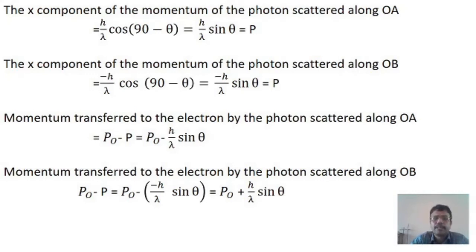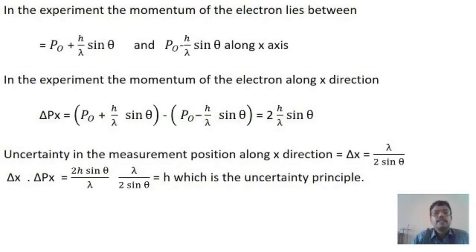The minus into minus is plus, so it is P0 + (h/λ) sin θ. In the experiment, the momentum of the electron lies between P0 + (h/λ) sin θ and P0 − (h/λ) sin θ along the x-axis.